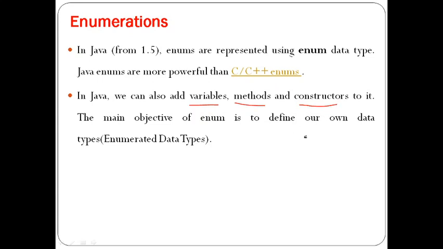That made the enum of Java far different from the enums available in C and C++. By using the enum concept, we are going to create our own data type. Compared with other programming languages, Java enums are further extended by adding variables, methods, and constructors, so you may do a number of different kinds of operations by using enums.